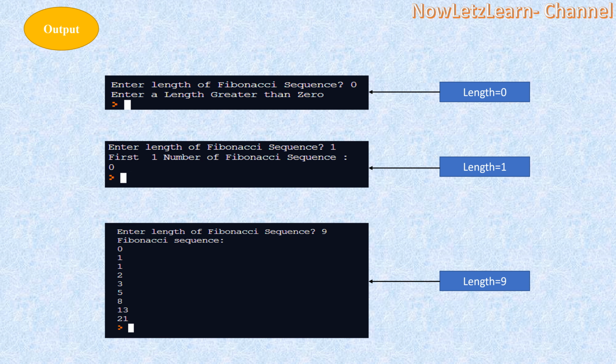Then again we compare the count value with the length value, and until the count becomes equal to the length, the program keeps executing. That's why if you enter the length as 9, you will get a Fibonacci sequence with 9 elements. If you enter 53, you will get 53 elements.